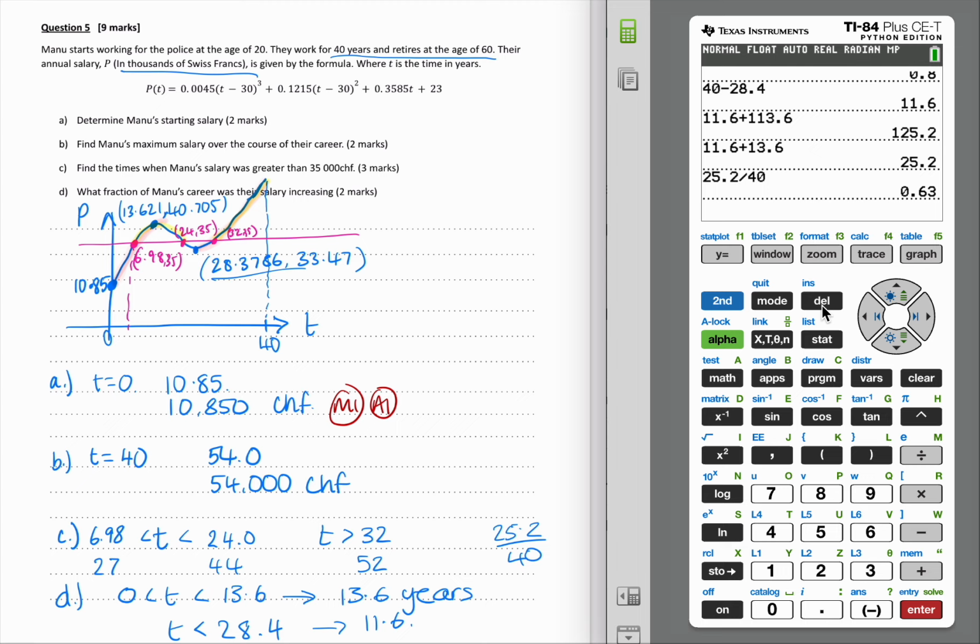For part C, there's 2 marks, 1 for this part and 1 for this part, and you can leave it as a time or as an age. And then for the last part, again, it's 2 marks, and for this one you can have the total of 25.2 as one of the marks, and then the other for writing it as a fraction.